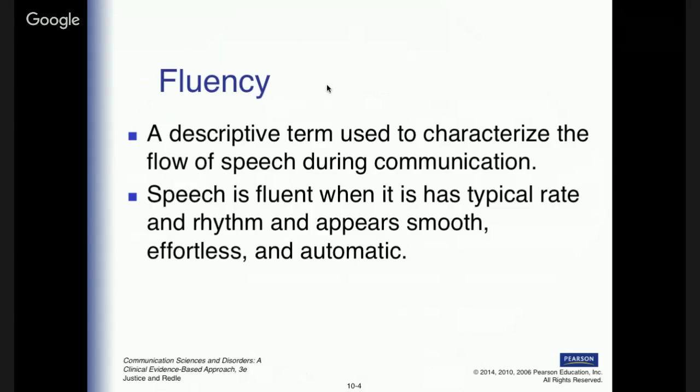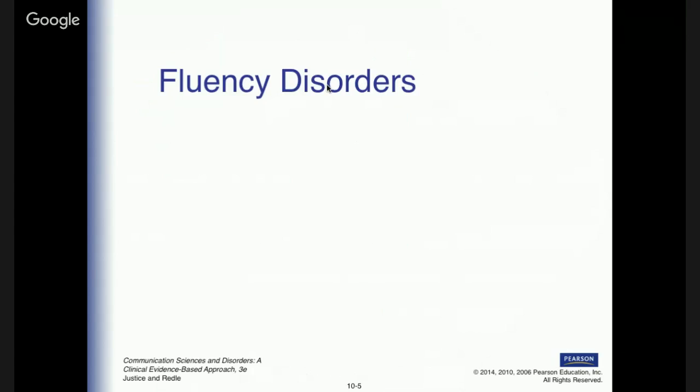One of the best examples is to think about a nice stream and just the nice, easy flow of water down a stream. When people are really fluent, the words are just coming out. They all make sense and it's easy and smooth. It's only when that smoothness and easiness is disrupted that you start to notice there's a problem.